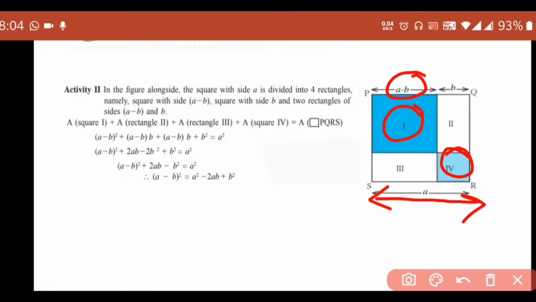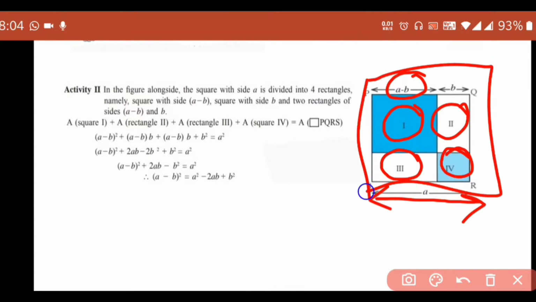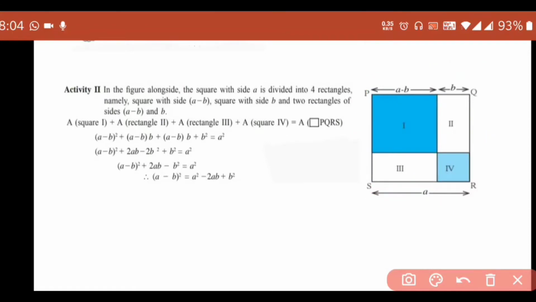Then there are these 2 rectangles, rectangle 2 and rectangle 3. So when we add the areas of these 4 figures, we will get the area of this bigger square. So let us see, this bigger square is having side A. So area of bigger square will be A square. Here we have written area of bigger square is A square.